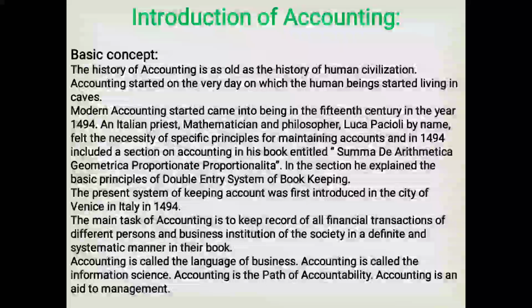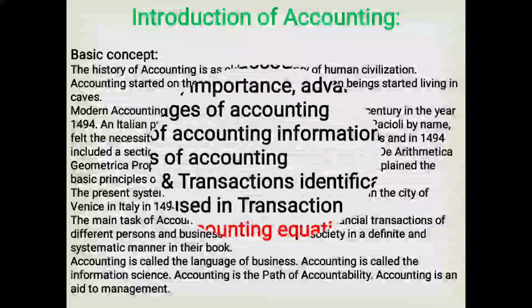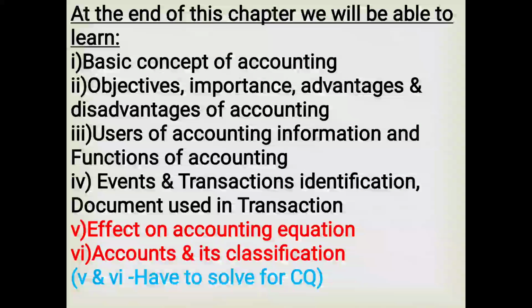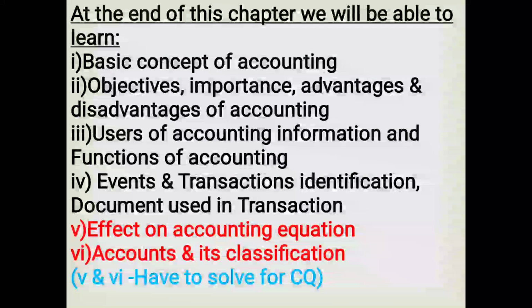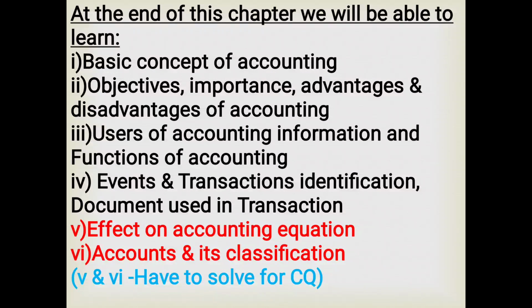Okay, dear students, I think you have written in your accounting practice copy the basic concept of accounting, that is, introduction to accounting. Now, at the end of this chapter, we will be able to learn: first one, basic concept of accounting. Second one, objectives, importance, advantages and disadvantages of accounting. Third one, users of accounting information and functions of accounting.